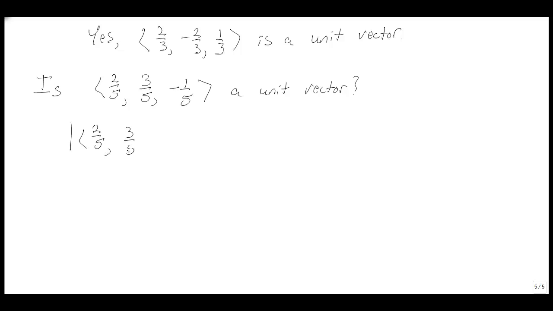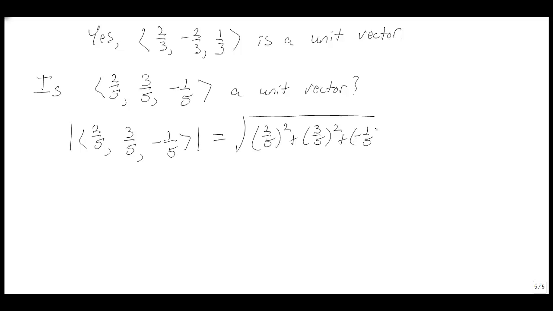So I'm going to take the magnitude, 2/5, 3/5, negative 1/5, square root of 2/5 squared plus 3/5 squared plus negative 1/5 squared. That's a square root of 4/25 plus 9/25 plus 1/25.